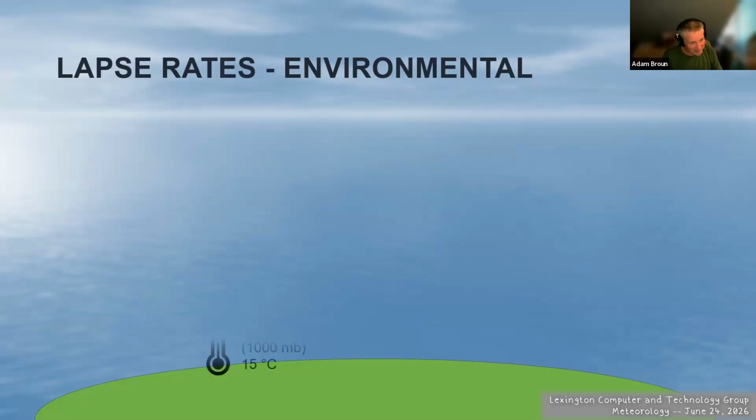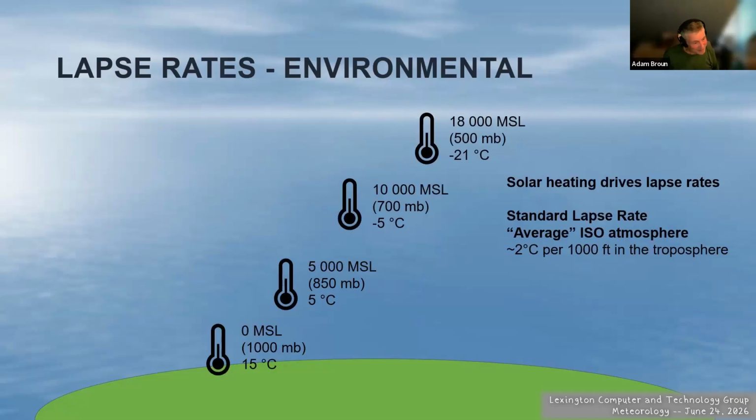It is defined as a surface temperature of 15 degrees Celsius, which is about 62 Fahrenheit, I think, and in a, quote, standard atmosphere, the temperature decreases by 2 degrees Celsius for every 1,000 feet that we climb. Of course, it's never exactly standard. It's never that simple. But that is what has been defined as the average atmosphere on a, quote, typical day, whatever that means.